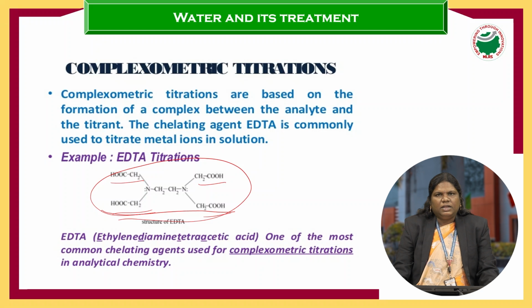The EDTA method is also known as the complexometric method. Why? Because the endpoint is detected by the formation of the complex between the metals and the EDTA. Whatever salts are present in the water will form the complex with the EDTA. That's why it is also called the complexometric method.